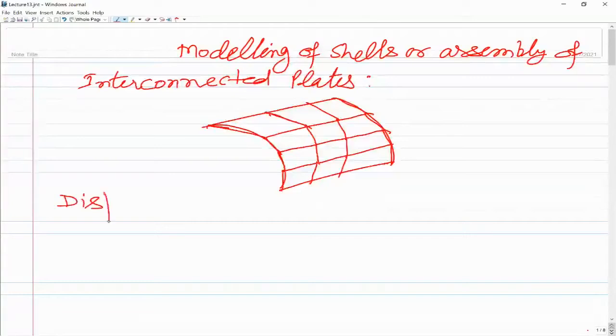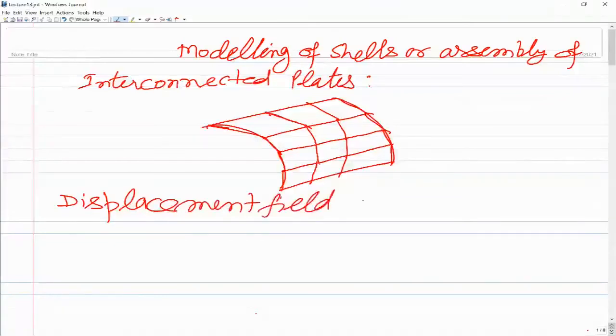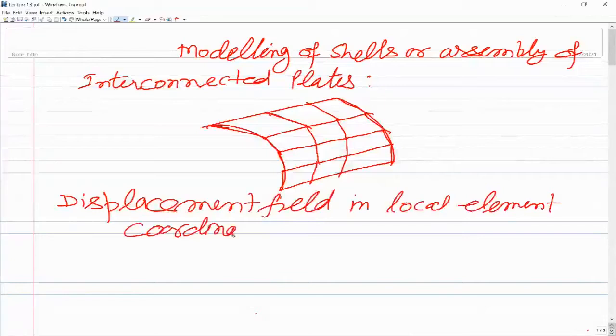So I am still writing the displacement field in the local element coordinate system. So what I'm saying is, suppose you have this element, so maybe you take this as x and this as y, this will be z.